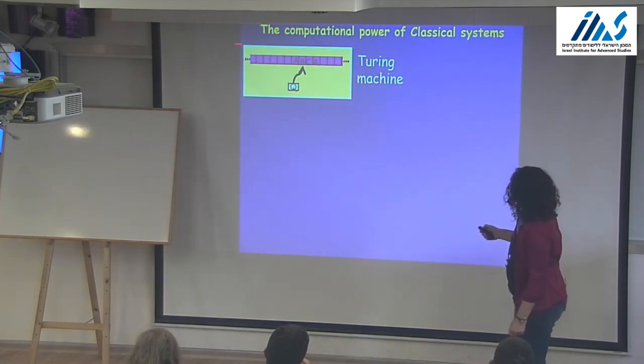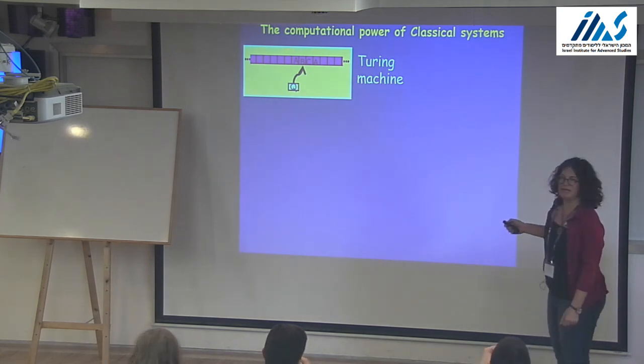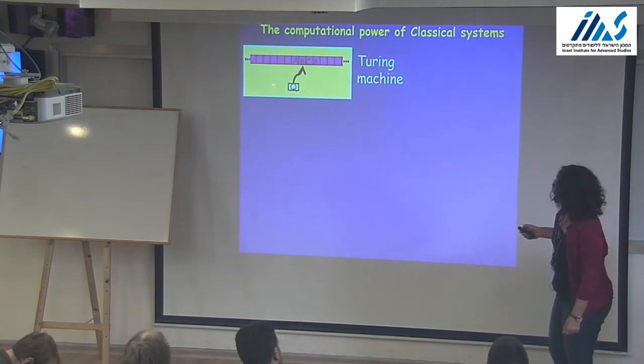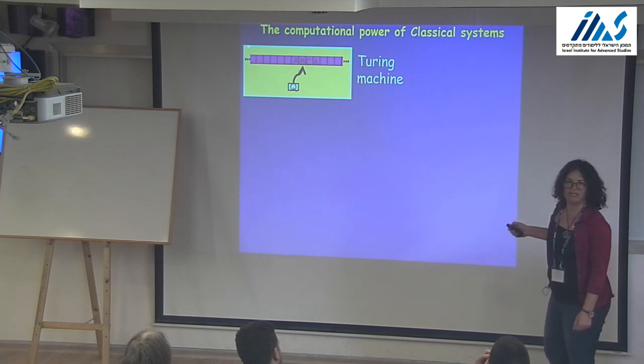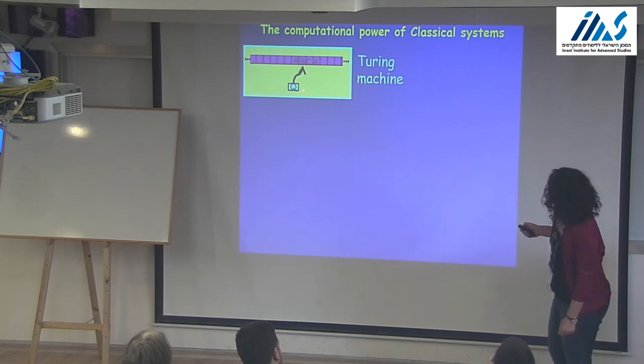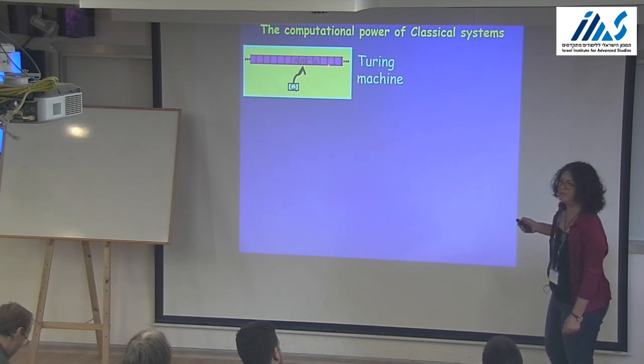So the Turing machine has an infinite tape with letters written on this tape coming out of a finite alphabet. And there is a finite state machine here. And there is a head pointing at one location in this tape. And this thing proceeds, it starts with the head pointing at the beginning of the input written here on the tape.